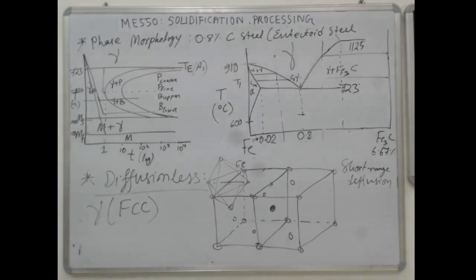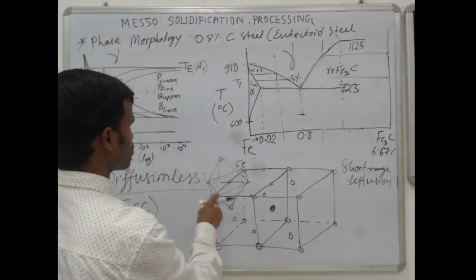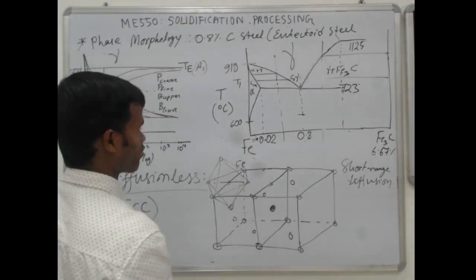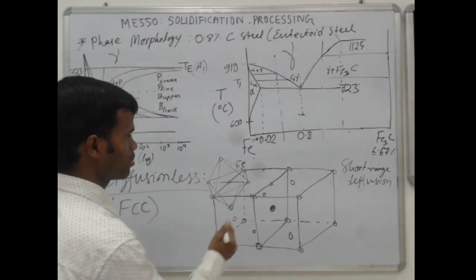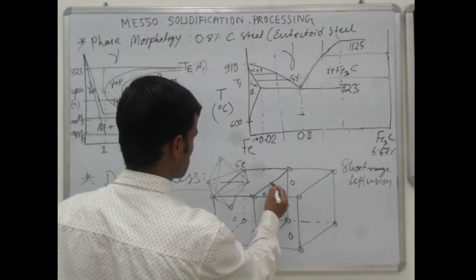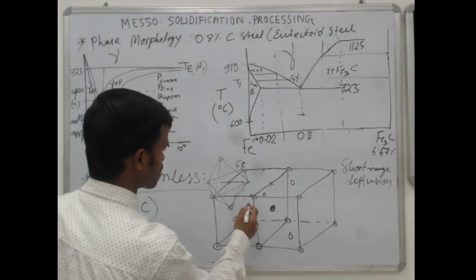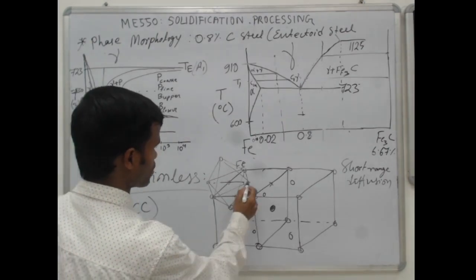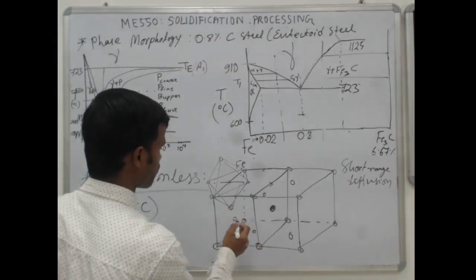So this is how you get the octahedral, and it will be shared by 4 unit cells, so effectively you get 1/4. On each edge you will have one octahedral void position, and in FCC in the center also you have one octahedral void, because this is one atom, bottom you have one, on the 4 faces you have 4 atoms.